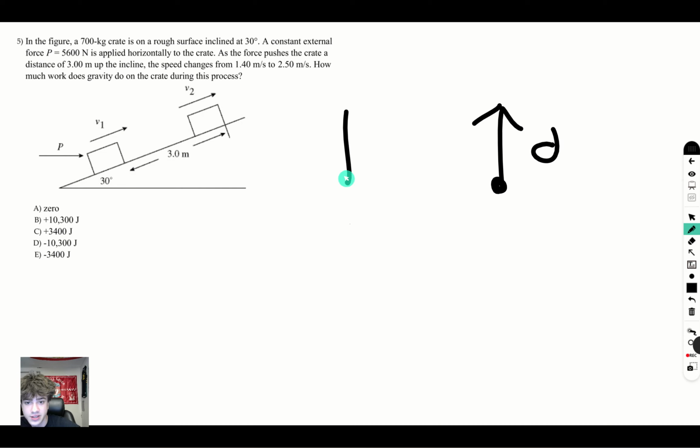But as we can see, our force due to gravity is going downwards. So since work conceptually is just force times distance, we can see that the distance is going to be negative and therefore there needs to be a negative to imply this in our final result.